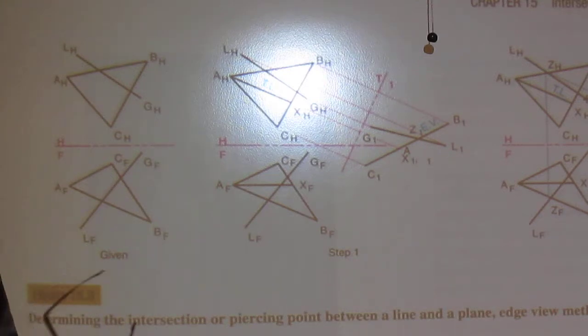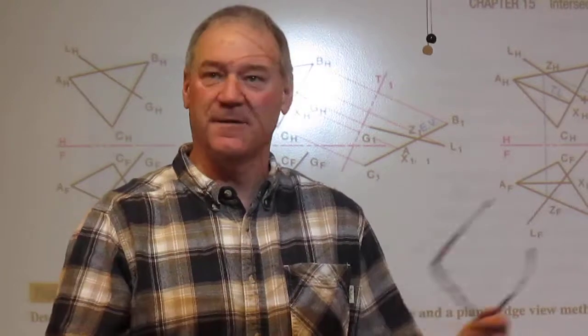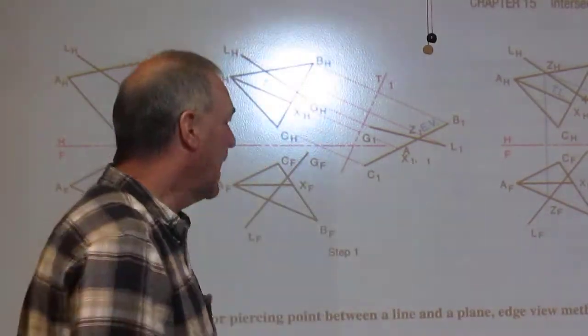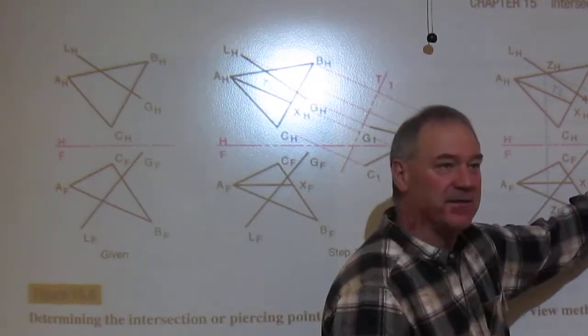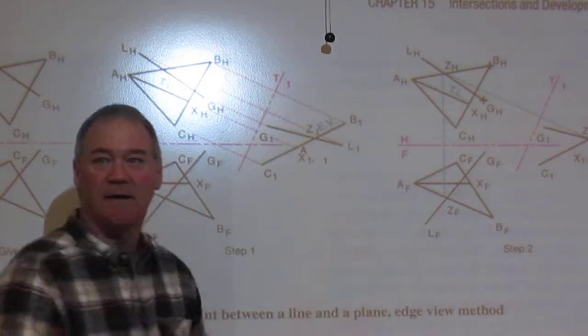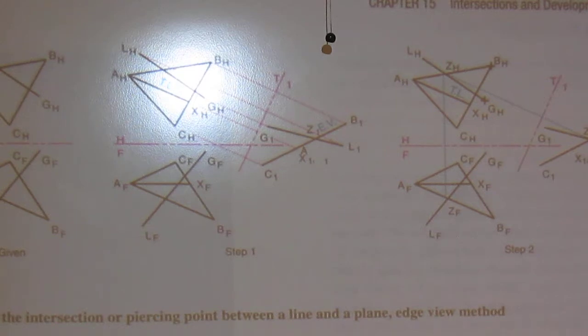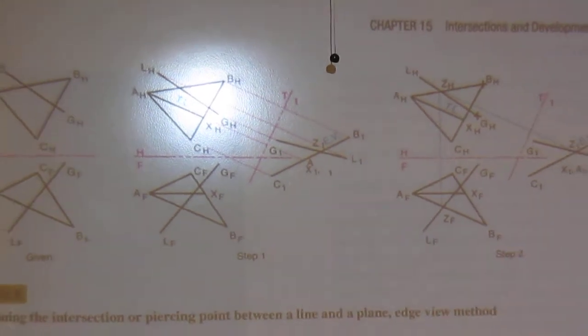If it hits anywhere inside the plane, that's where the pierce point is or where that pipe goes through the plane. But we've got to turn it on edge to get this point before we can project it back and determine if it hits this plane or not on its current trajectory. So in essence, that is using it for a plane. Turn the planes on edge and project them back.